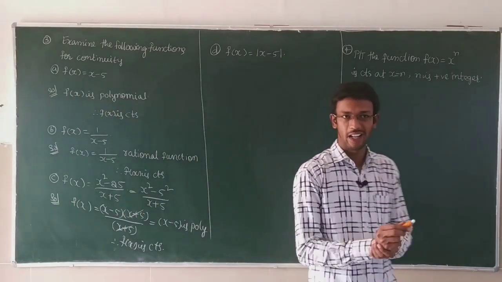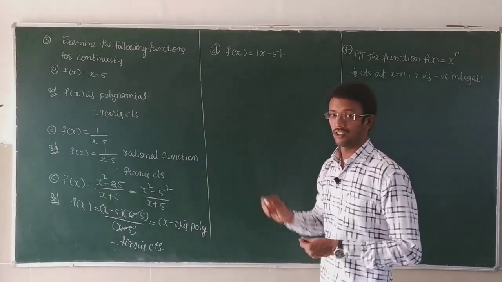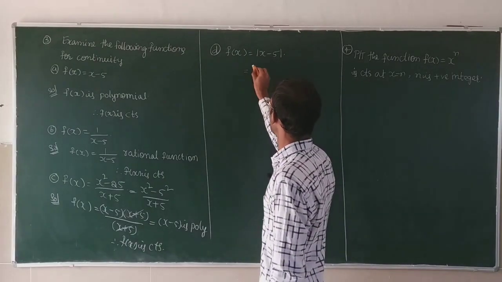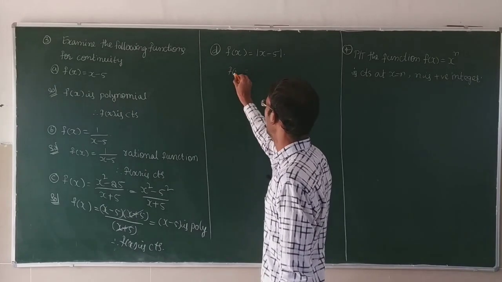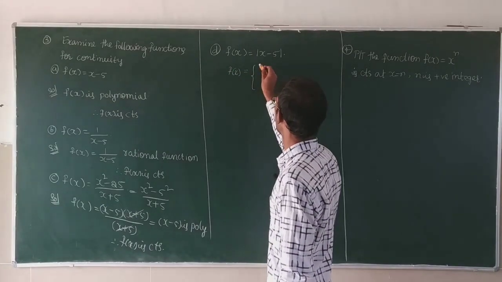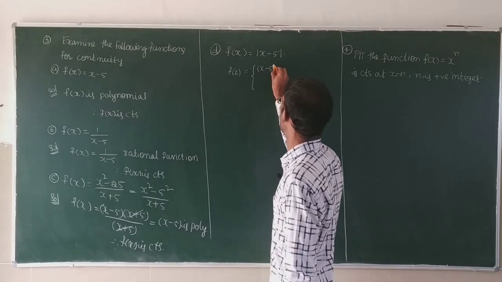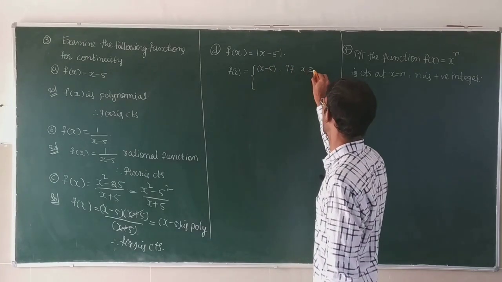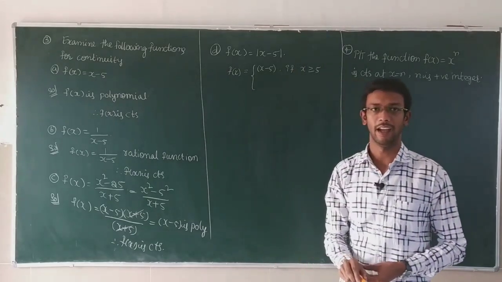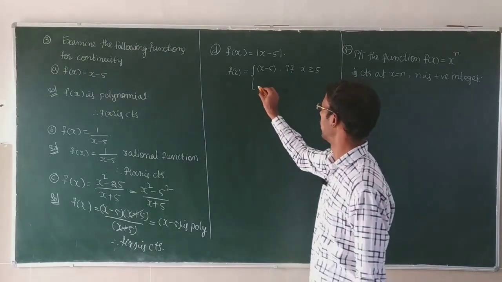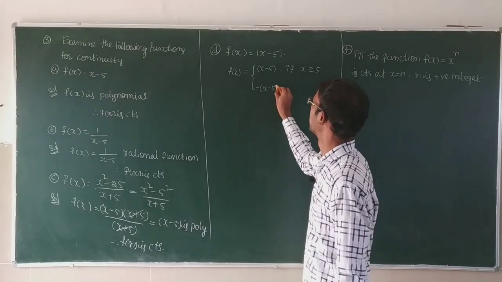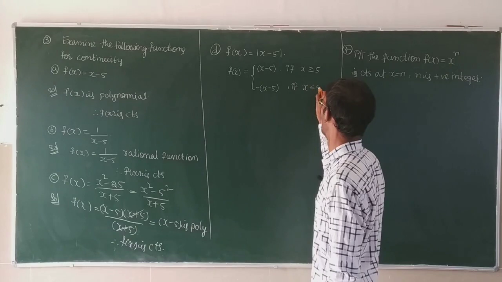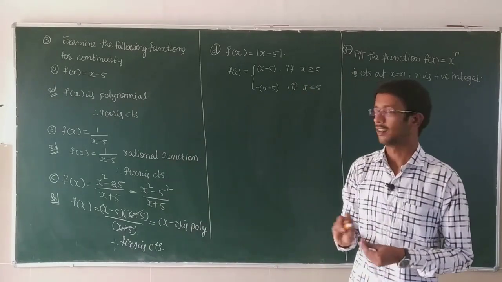Next, problem number D in the column. A mod function is there. When a mod function is there, we compulsorily have to split it. You can write x minus 5 as positive when x is greater than or equal to 5, and minus of x minus 5 when x is less than 5.